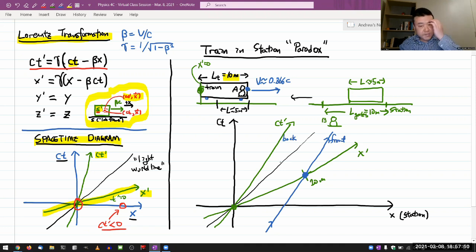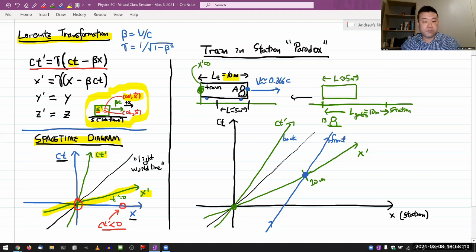And let me try to set up my coordinate axes so that we are closing the gate when the back of the train aligns with the left side gate.